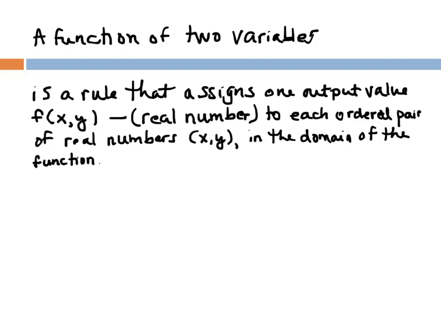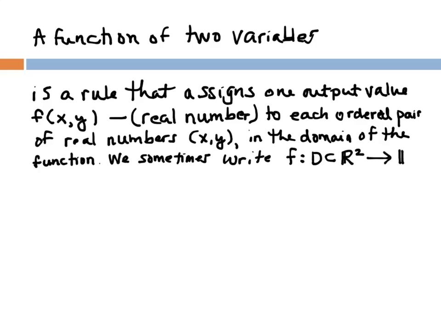And then we sometimes will see written our function, we'll call it f like we did before, takes the domain, which is a subset of R2, so two-dimensional space, and it takes it into one-dimensional space, one output dimension R.